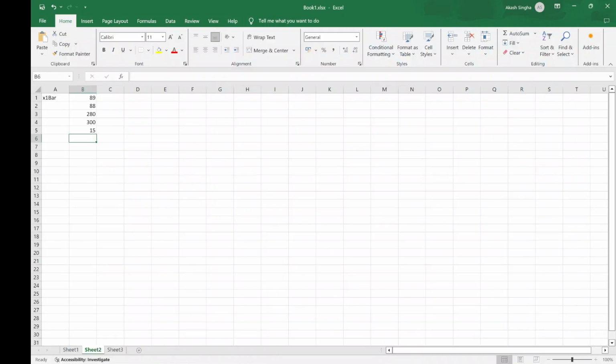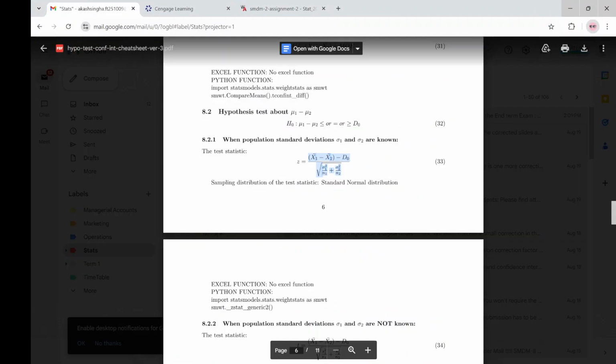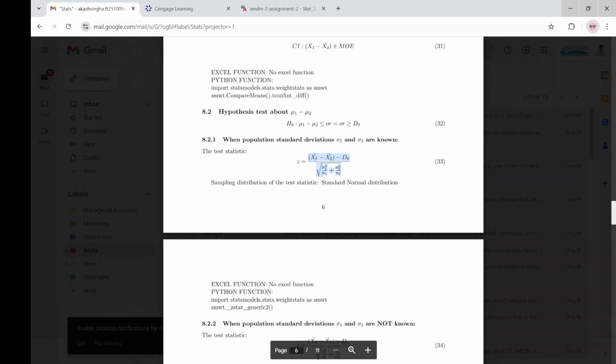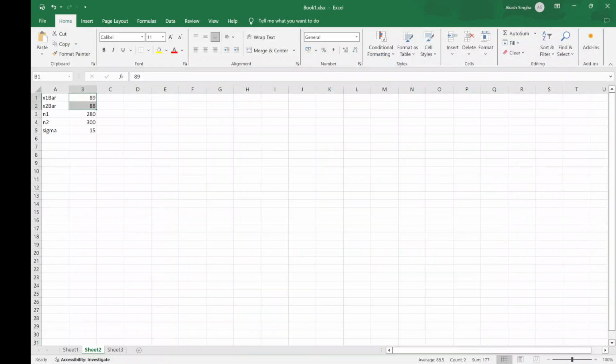Okay, now the formula is x1 bar minus x2 bar minus d0, by. Now d is 0 because we have to calculate if the difference between them is 0. If it was given another thing, you have to just put it in the formula. It's x1 bar minus x2 bar minus d0, which is 0 for this case.